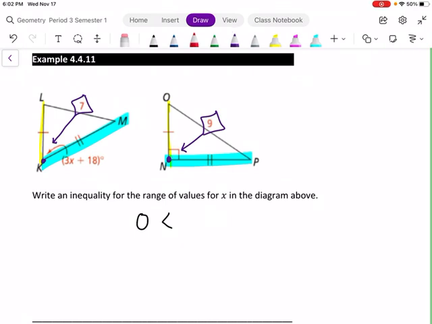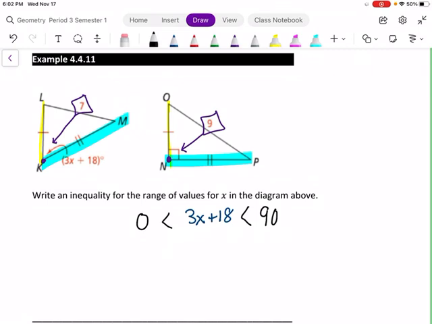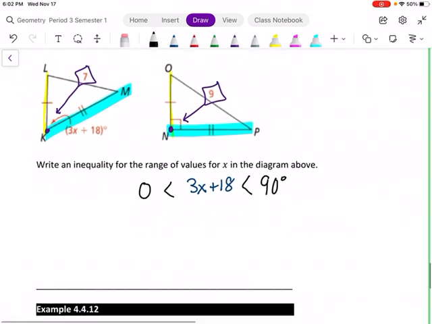So we're going to write down the smaller of the two first, which would be 3x plus 18 is going to then be less than the 90 degrees. And we got the second 2 parts by using the hinge theorem.